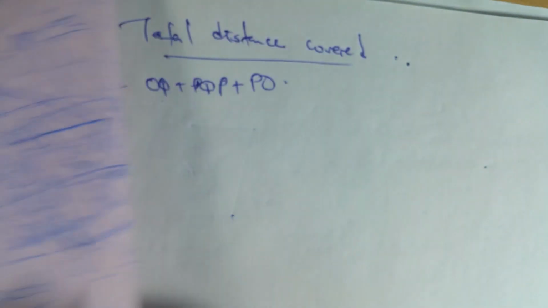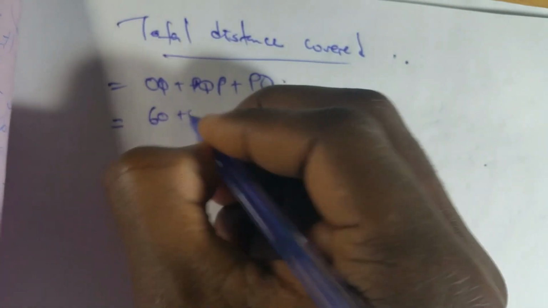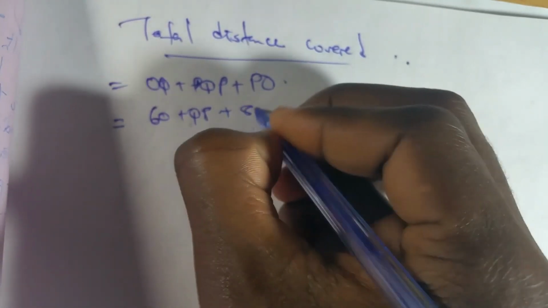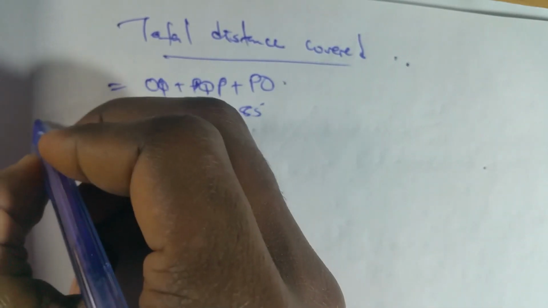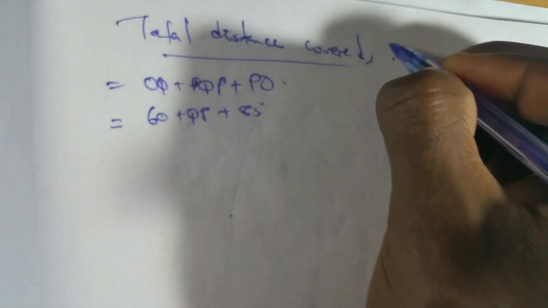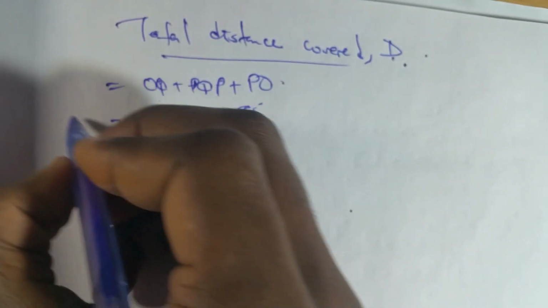OQ was 60, noted there. Then we have this 85. So 60 plus QP plus 85. How do we get our QP? Let's say D.